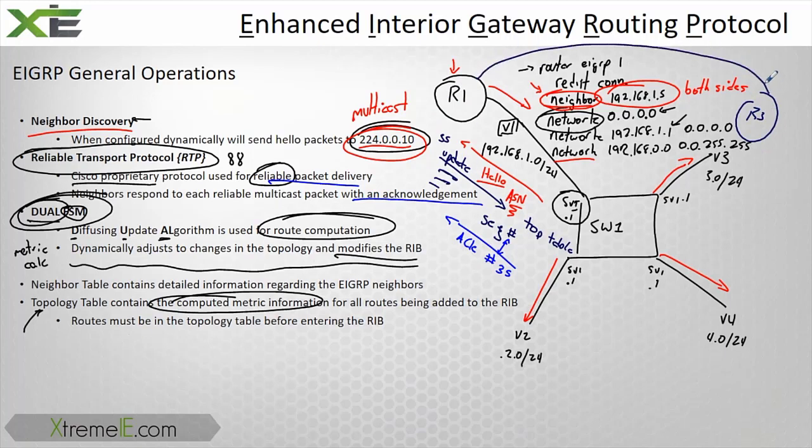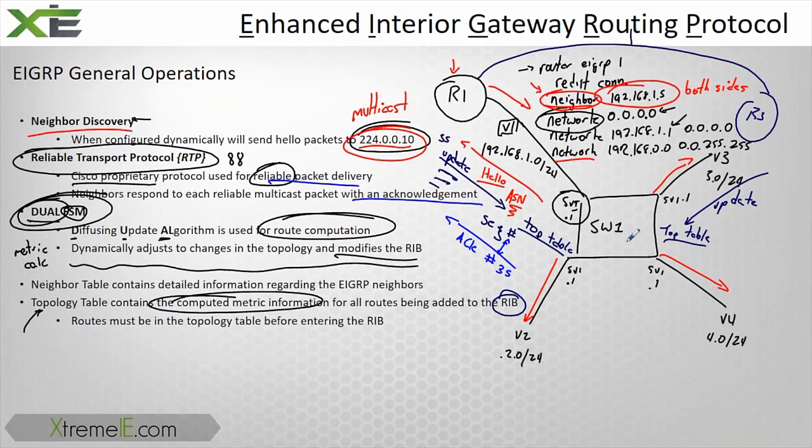So I get the same update in from this direction for the same subnet, and this lands in my topology table. Okay, and now EIGRP runs DUAL against this, and he says, okay, which one of these guys is going to go into the RIB? It could be both, it could only be one.